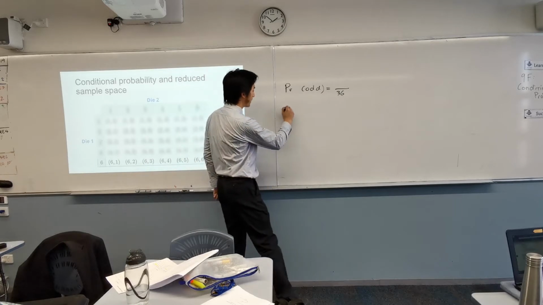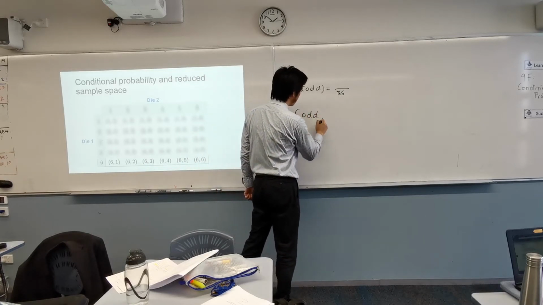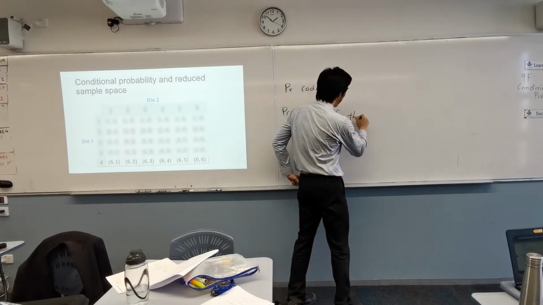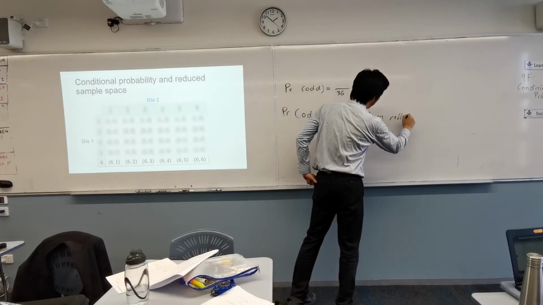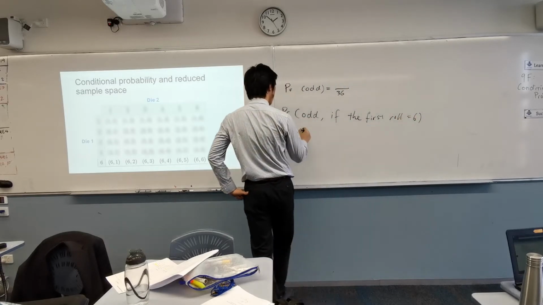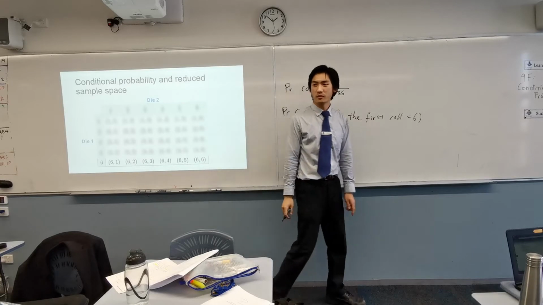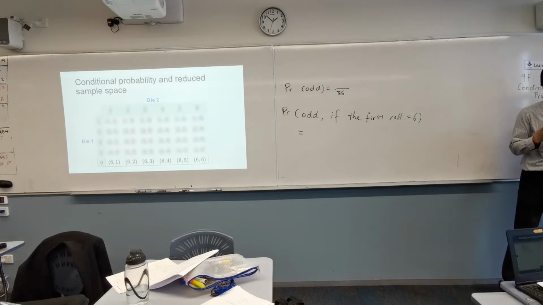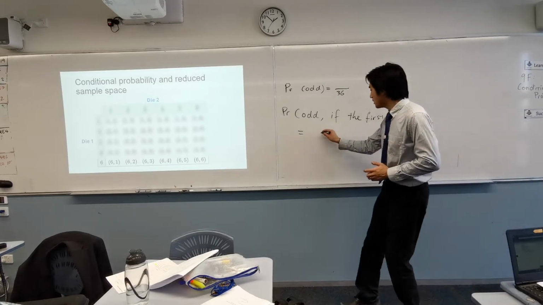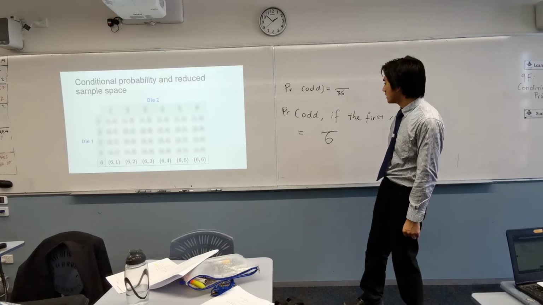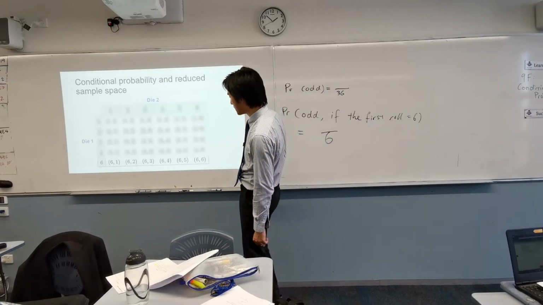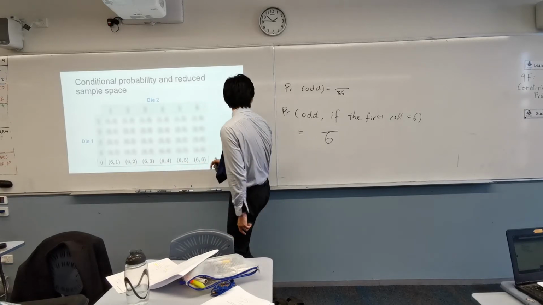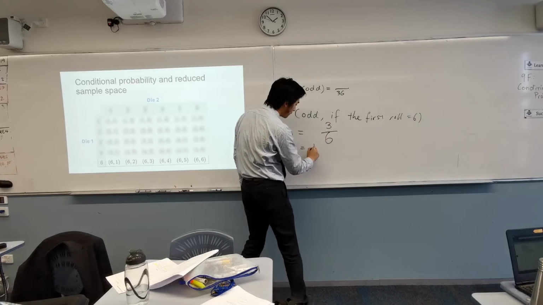The probability of getting an odd number if, I'm not going to write out the notation yet, the first roll is 6. How many outcomes are in my sample space now? 6. It's reduced because you've given a condition to it. So now it's going to be out of 6, and I'm not going to be lazy and I'll actually count out which ones are odd. So there's 1, 2, and 3. It'll be 3 out of 6, which is 1/2.